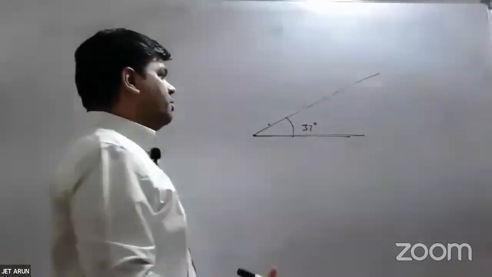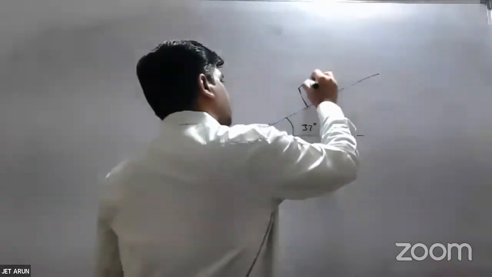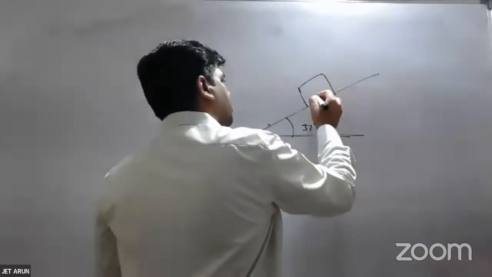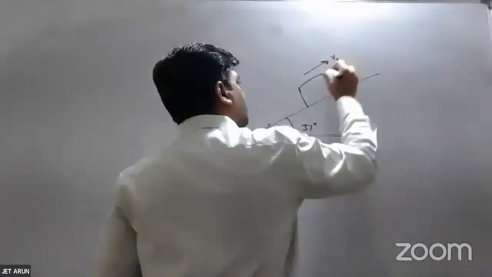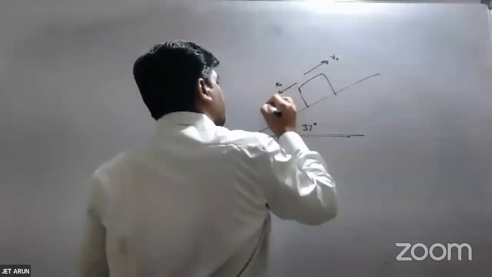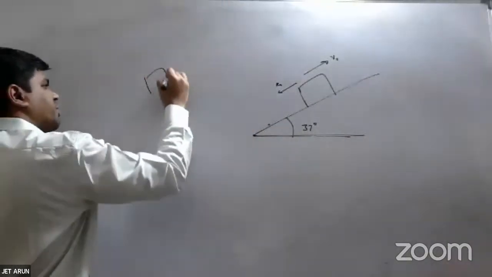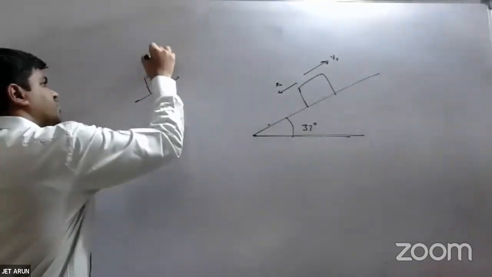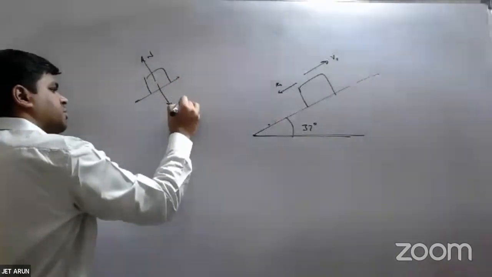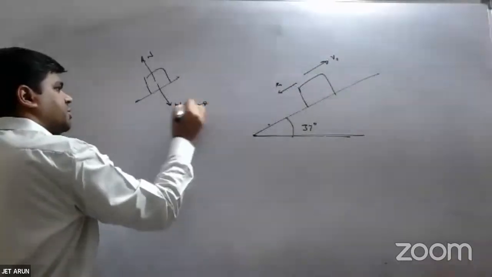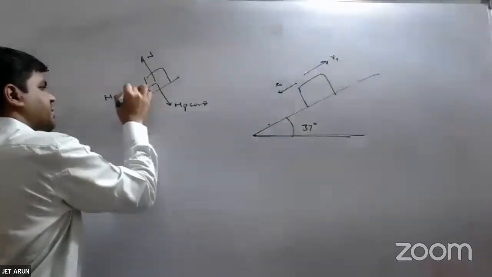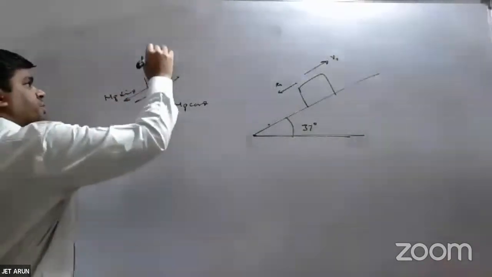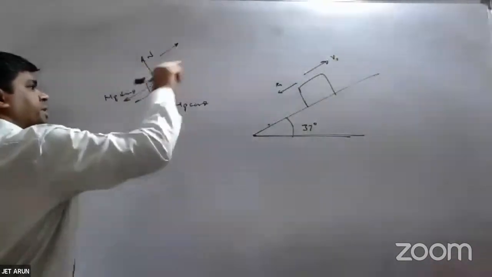All right. So for acceleration, I need force, for which I need FBD. So FBD of the block is normal reaction, mg cos theta, mg sin theta, because velocity is in upward direction of the plane.